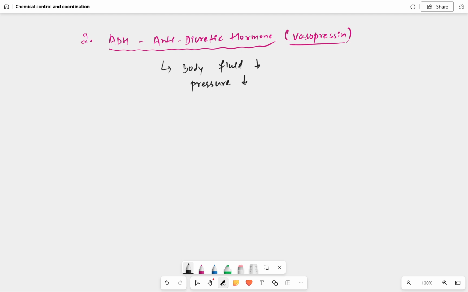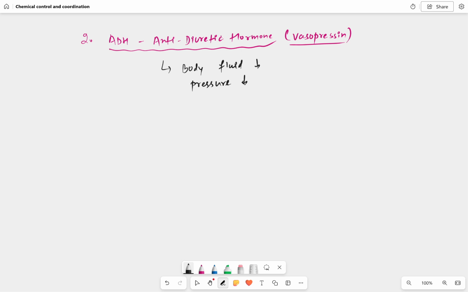So in that case, to maintain this, the antidiuretic hormone from the posterior pituitary is secreted under the influence of the low body volume or low body fluid or reduced pressure.